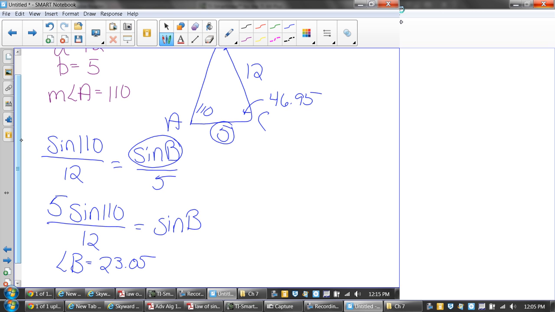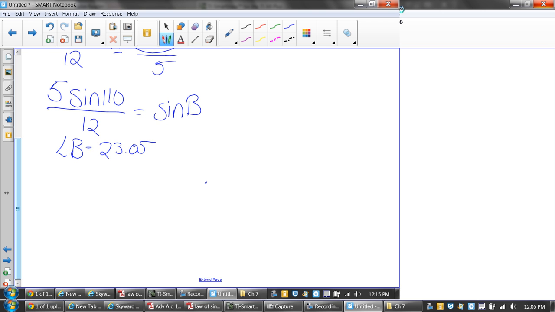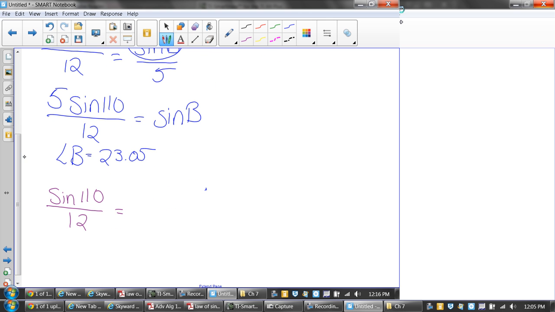Okay, so 12. Just use that information, and then we want to do angle C was what? 46.95?